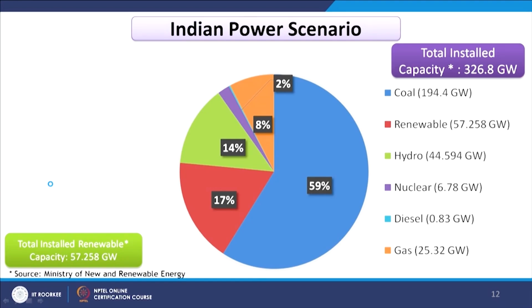But I am very keen to mention something very specific here: the renewable energy contribution in India is close to 57 gigawatt, and that is close to 17% of the total energy mix.